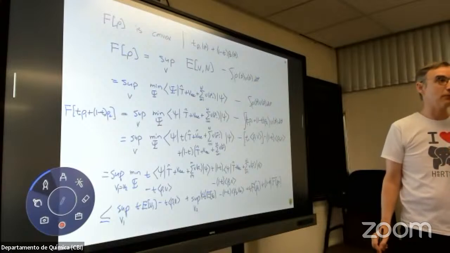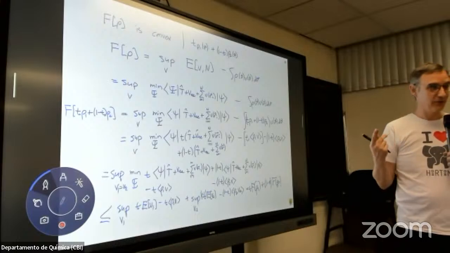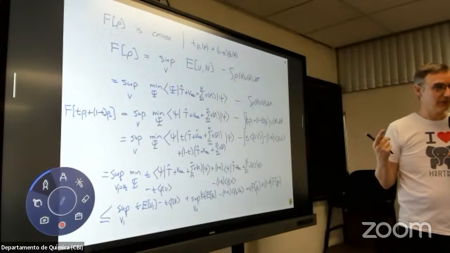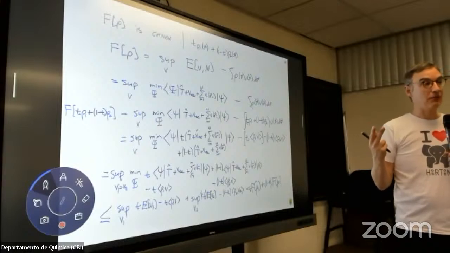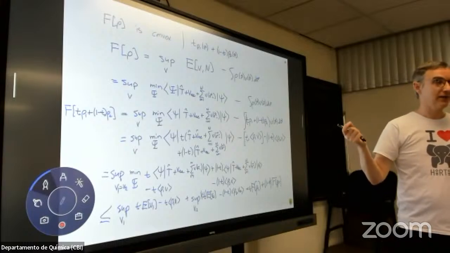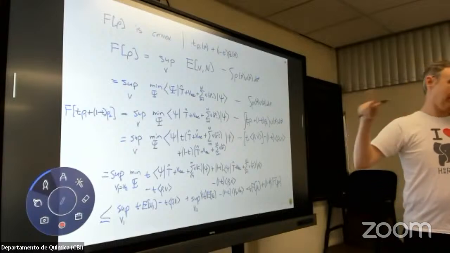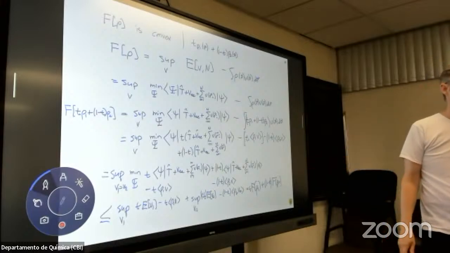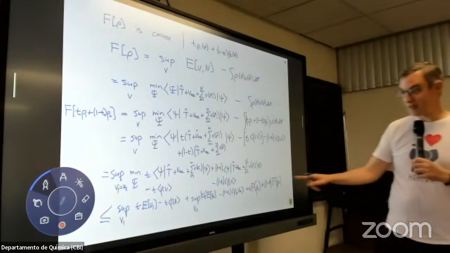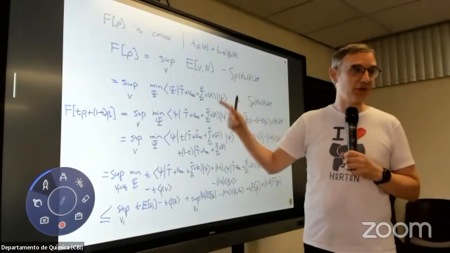It's as simple as this: if you optimize a function of two variables with respect to a constraint that x equals y, that's less than if you optimize over x and y separately. That's what you did here. So this is convex, and it's the same reason that this other thing is convex.